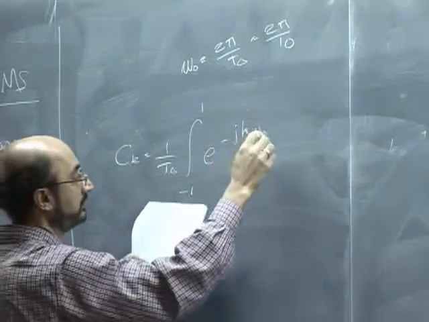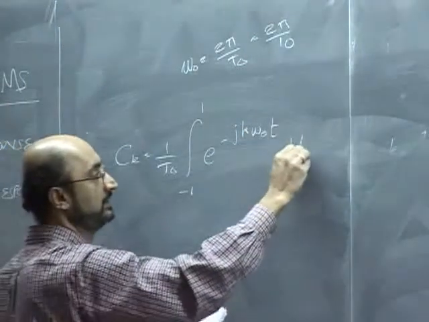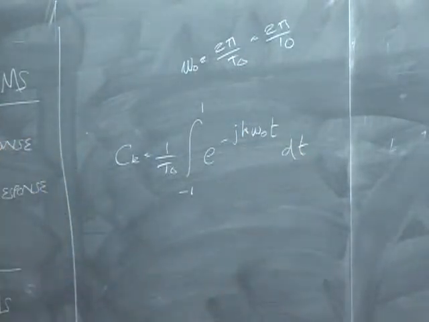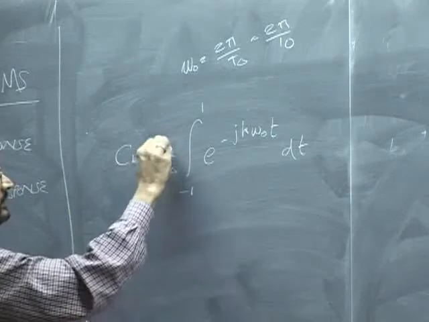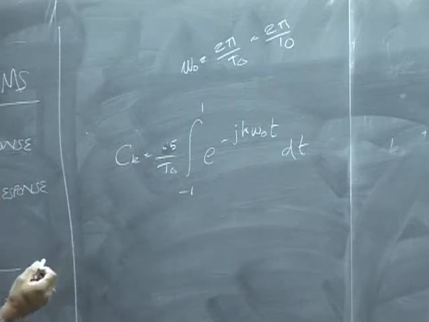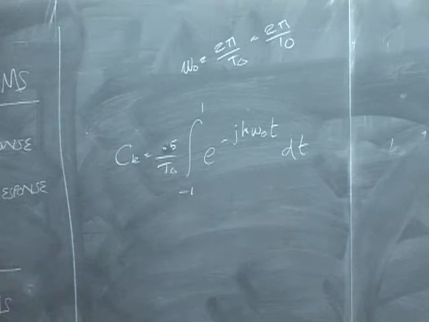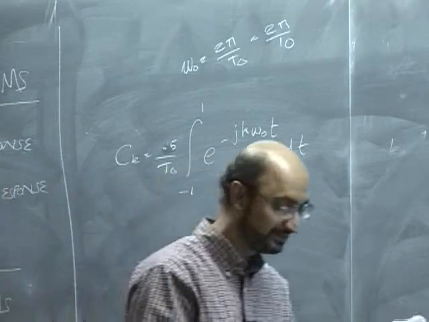And omega naught t dt, okay. We have, sorry, times 0.5, so that will just go over here because x(t) is 0.5 in that range. It's 0 otherwise. So this integral is all we care about, and this will be given if you just plug the values from the solution.